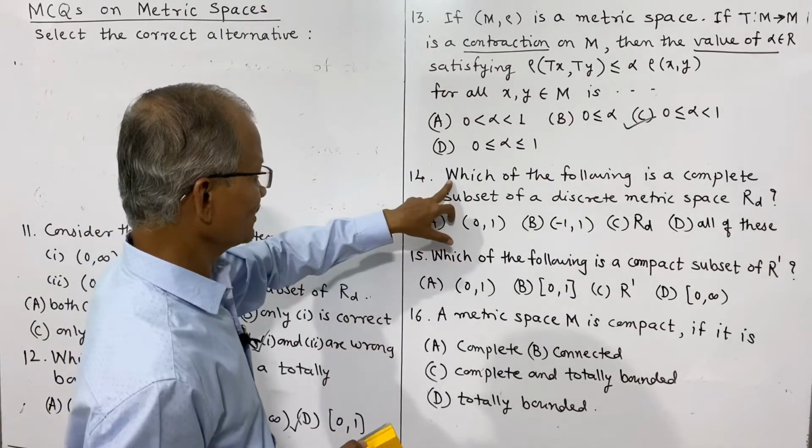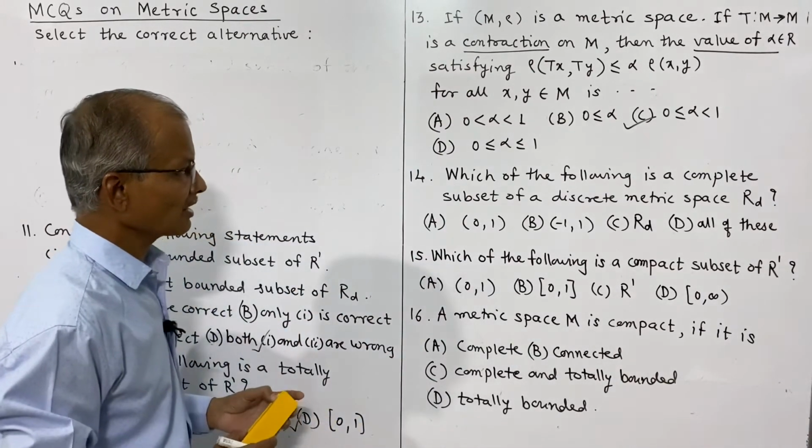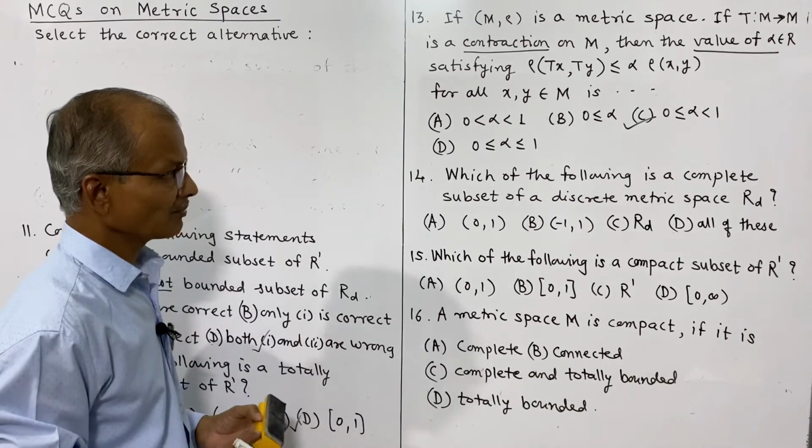The 14th question is: which of the following is a complete subset of a discrete metric space RD?